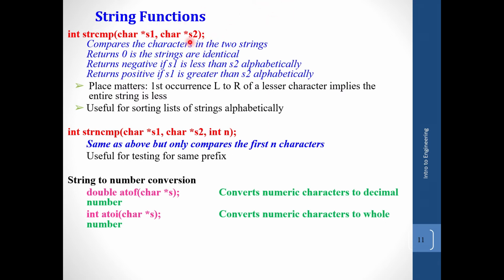Once it encounters a difference, if it does, if the string S1 is less in the ASCII table than S2, right, less numerically in the ASCII table, it returns a negative number. If string 1 is greater than S2 alphabetically or from the ASCII table, it returns a positive number. And if they're the same, it returns 0. And I always try and think about that as meaning 0 differences between them. You can also do string n compare like you can with many of these string functions and only compare a certain number of characters between the strings.